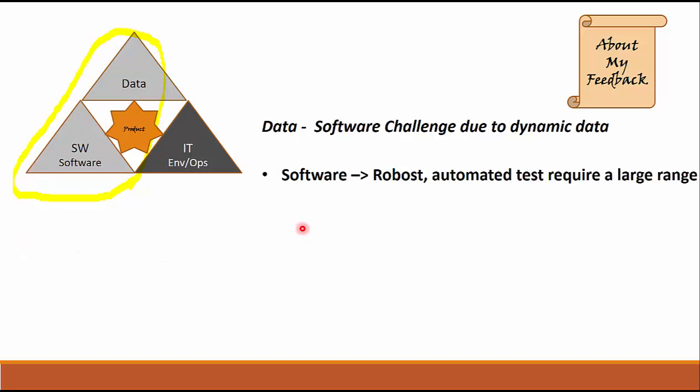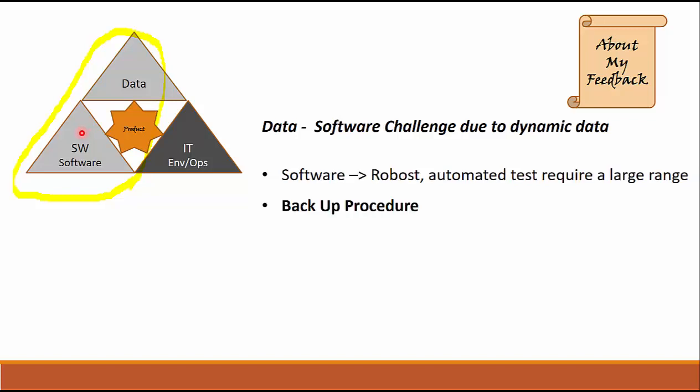So if you have highly dynamic data behind your product, then your software has to be really robust, and the automated tests you run really need a large envelope so that you can cover a big range of the relations between data and software. But you will see situations with cases not considered or not covered by your product and also your tests.